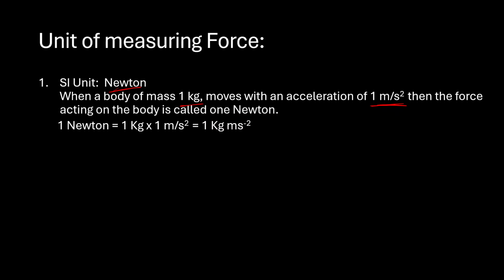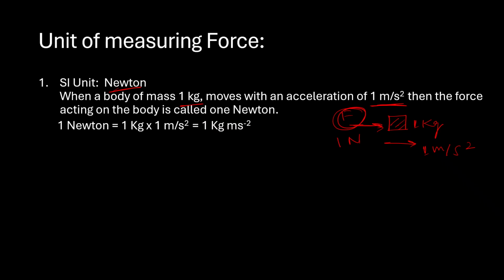Let's understand properly. There's a body, and one force is applied on this body, and this body is of 1 kg mass, right? If the force has been applied, and the acceleration this body gets is 1 meter per second square, then the quantity of that force is called 1 Newton.